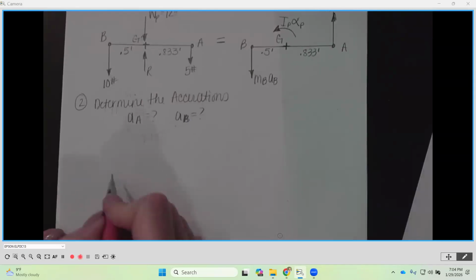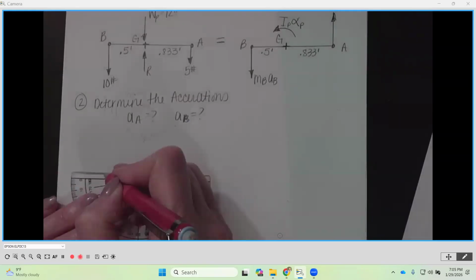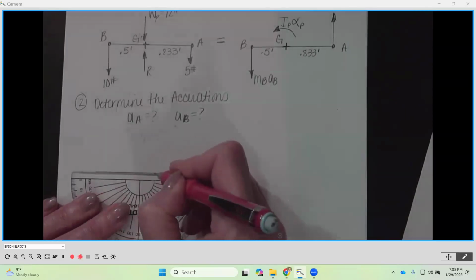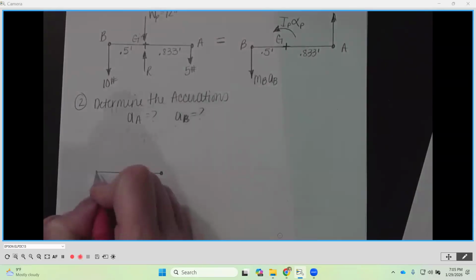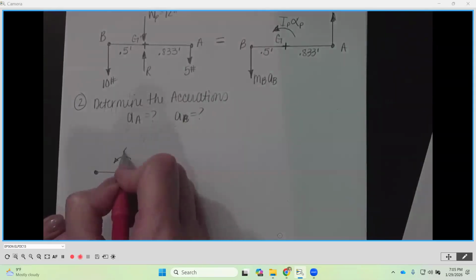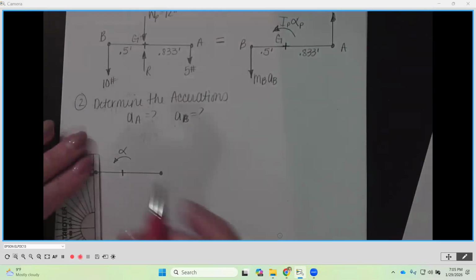Now, we're going to draw the illustration up here, but we're going to eliminate the masses. I'm going to have A on this side and B on this side, and my center of rotation is right about here. We know that our angular acceleration is going in a counterclockwise direction.